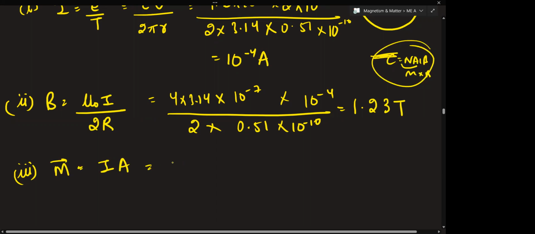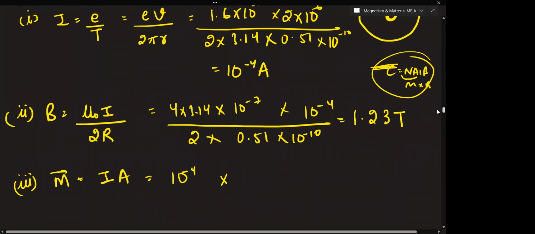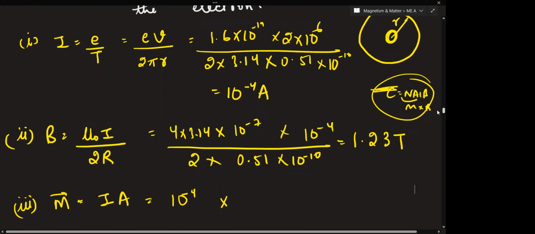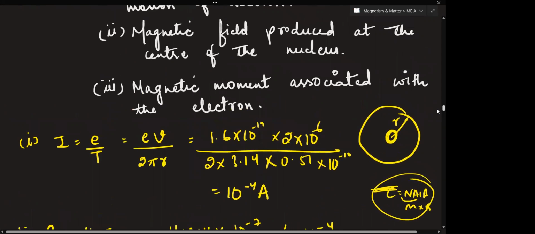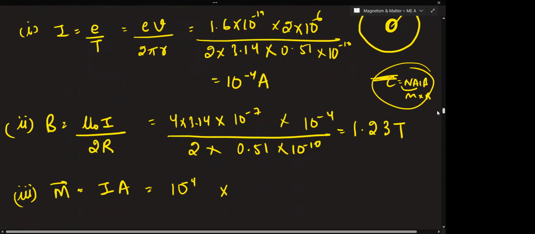So current from the first part is 10 to the power minus 4. For the area, you can either use 10 to the power minus 4 and use pi r square for the area of the circle, or you can put the current's value as this, then pi r square, so pi and one r can get cancelled.